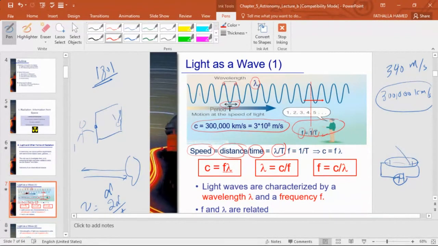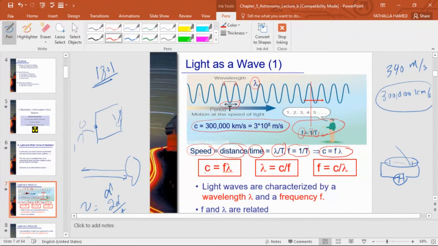So now we can take the 1 over T as frequency, and we can write the speed of light equals the frequency multiplied by the wavelength. But this speed of light is not going to change. It's going to stay the same. So what's going to change? The frequency and the wavelength.